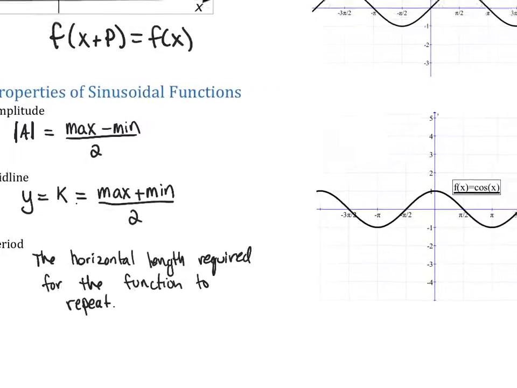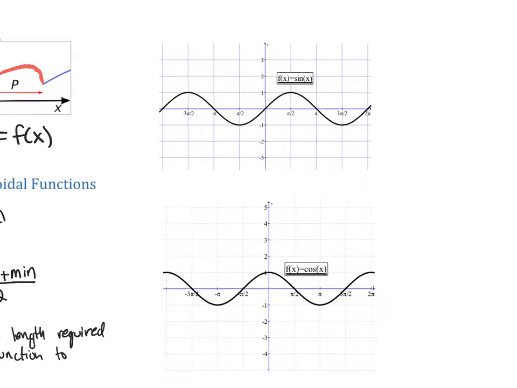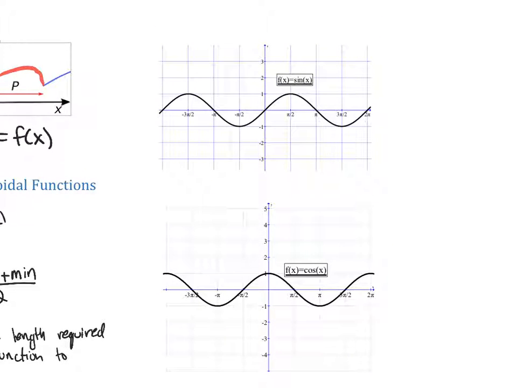And for your reference, we've got the sine and the cosine graphs here. We can see that our sine graph has a period of 2π, and one period of the sine function starts at the midline, goes up to the maximum, back down to the midline, down to the minimum, and then back up to the midline.